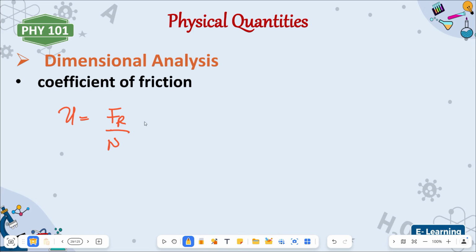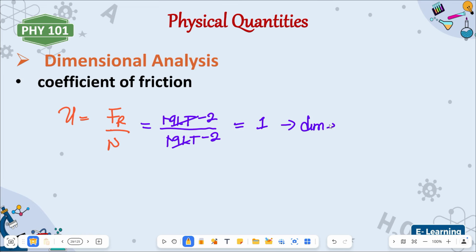Now frictional force is a force, and the dimension for force is mLT^-2. Normal reaction, as we already outlined earlier, is also a force. The dimension is mLT^-2. So both of them are forces. Now, when they cancel out, it gives you 1. And 1 is a dimensionless constant.